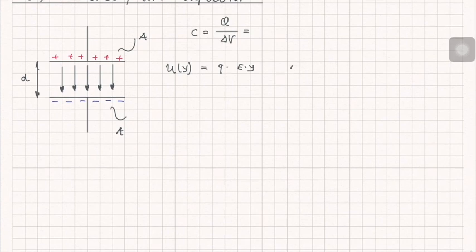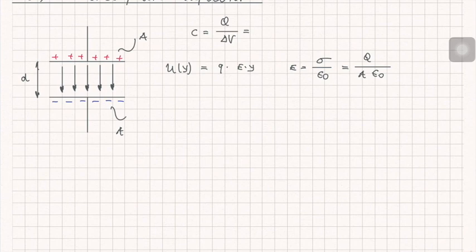Now, the electrical field is nothing else than the charge density sigma divided by epsilon naught, which per unit area we can write as Q divided by the respective area, epsilon naught.